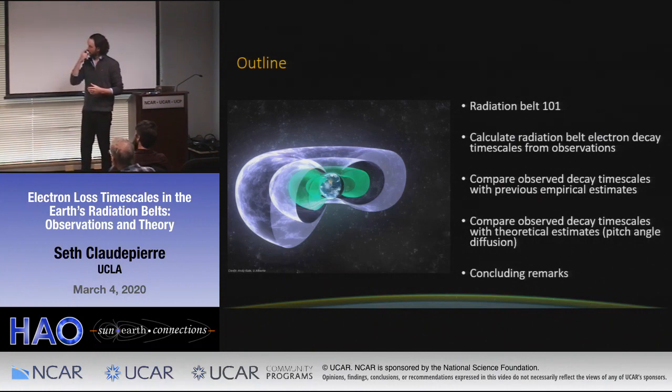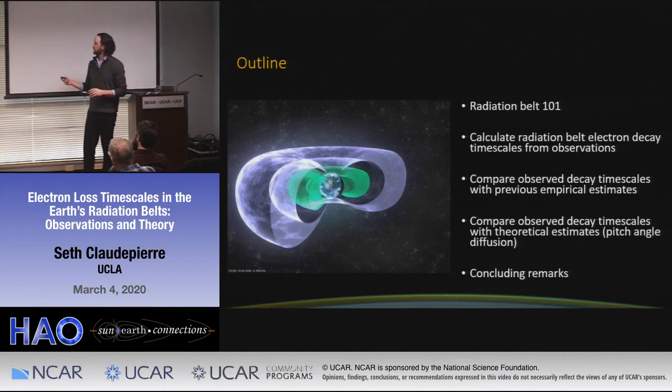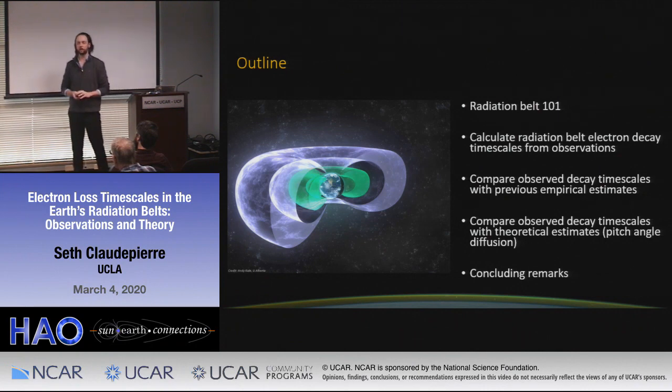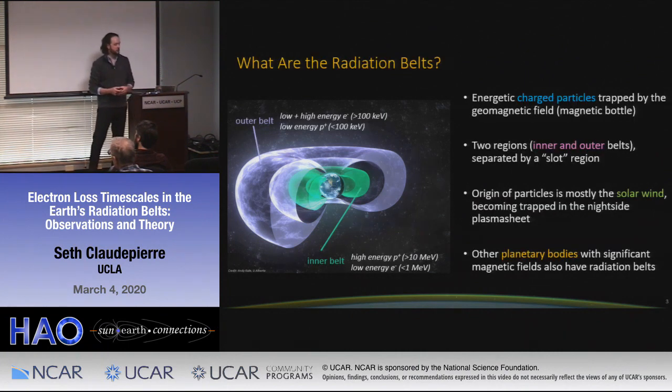Then we'll look at calculating loss timescales from the Van Allen Probes' observations, compare that with previous similar calculations, and then compare our observed decay timescales with what you would expect from theoretical estimates. Okay, let's jump in.